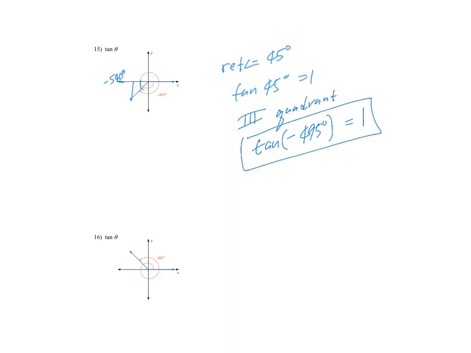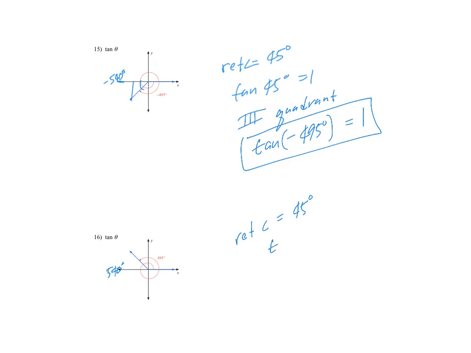Okay, for this one, same type of problem. On this one, it's positive 495. So this is going around one full revolution and a little bit less than a revolution and a half. So this, again, would be 540 for our reference angle. From 540 to 495, the reference angle is also equal to 45.